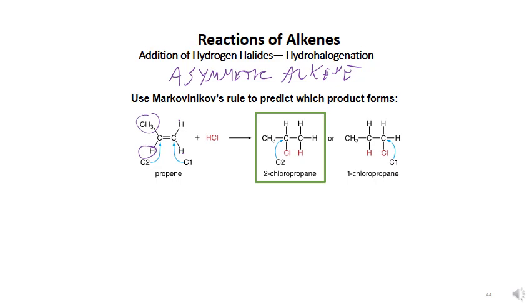The H could go on carbon 1, or the H could go on carbon 2. Which one? Well, if the H goes on carbon 1, I guess I'm mixing up the numbers. That's my bad, because it should be 1, 2, 3.